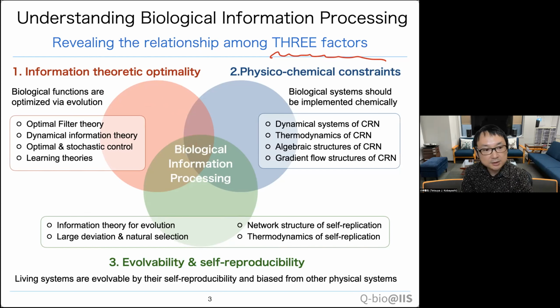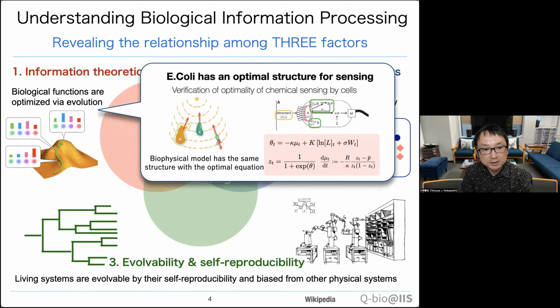In this line of work, today I'm going to talk about how the E. coli sensory system is designed optimally in terms of filtering noise. I'm going to talk about this topic later.